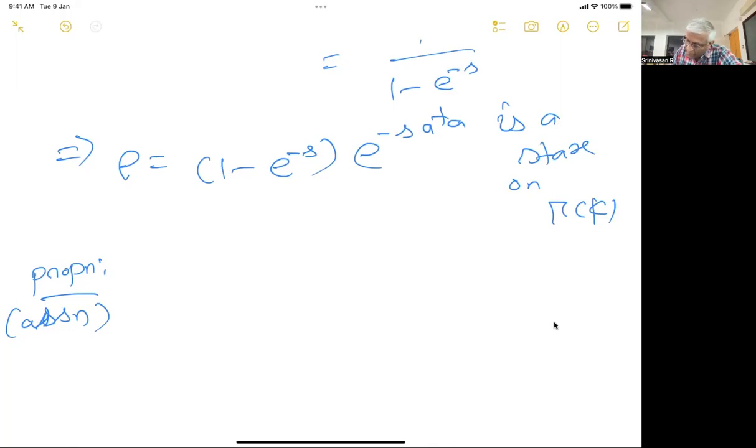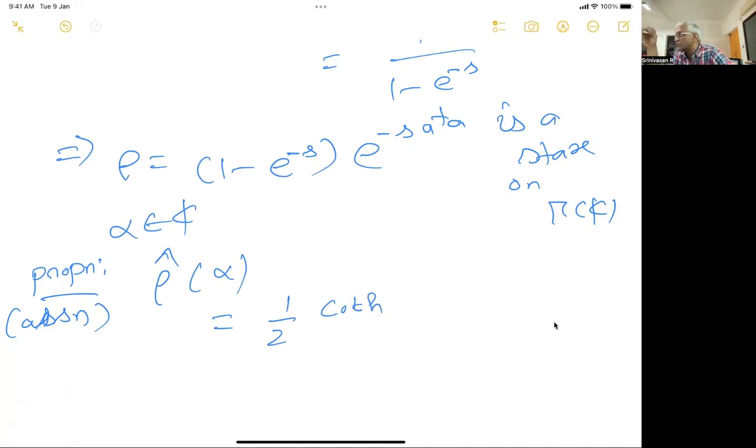So rho hat of alpha, where alpha is in C now, is equal to 1 by 2 coth, which is hyperbolic cot, which is just e power x plus 1 by e power x minus 1. Coth square s by 2, I think. Coth x is e power x plus e power minus x over e power x minus e power minus x, and it will be the same as e power 2x.